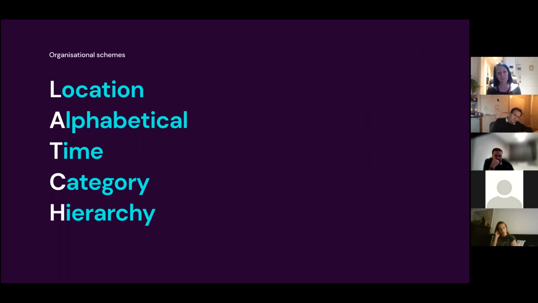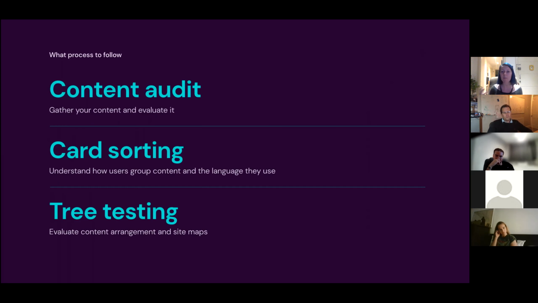So the last thing I want to talk about before we jump into the exercise is the process that we might go through in order to design the IA. And it's a relatively simple process. It can get quite complicated when you get into the detail, but at the heart of it, there's 3 main things that you need to do. You need to understand your content and what you're working with first, which is a content audit.